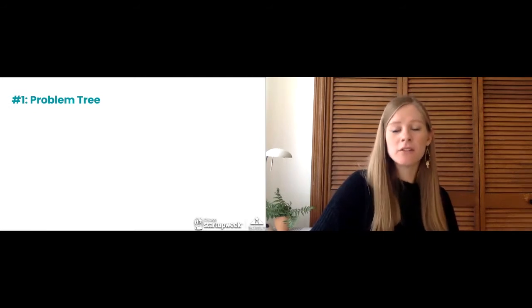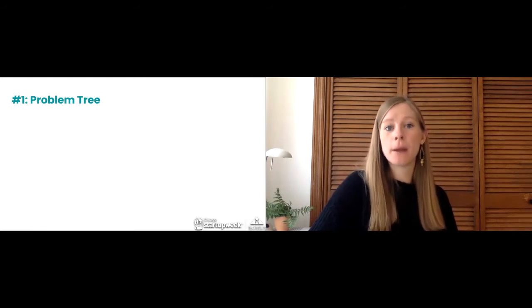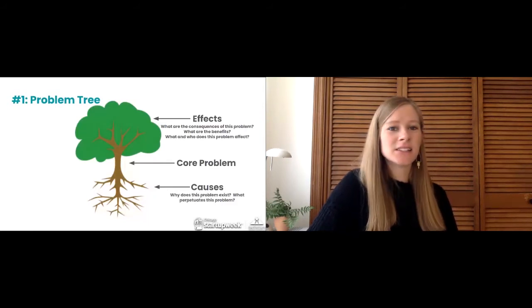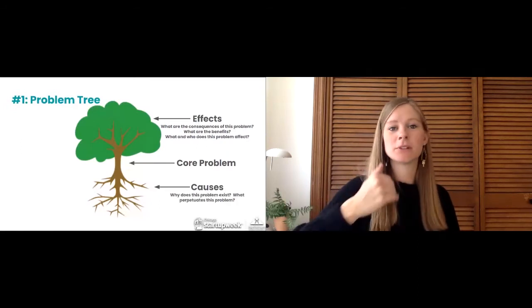So the trunk of the tree could be considered your core problem. The roots of the tree are your causes. So why does that problem exist? What perpetuates this problem? And this often requires you to dig a little deeper into your problem and figure out, hey, why does it exist in a bunch of different contexts and a bunch of different industries?